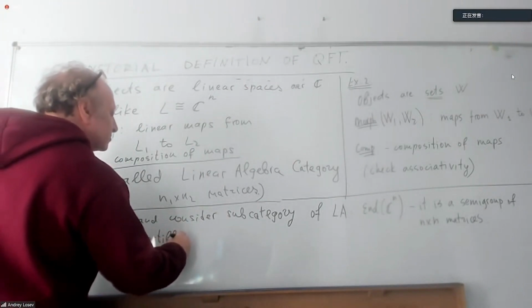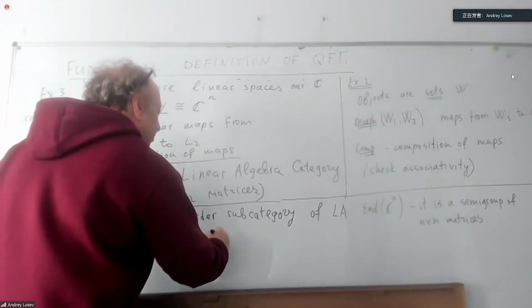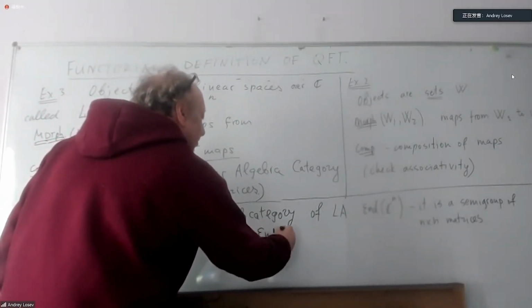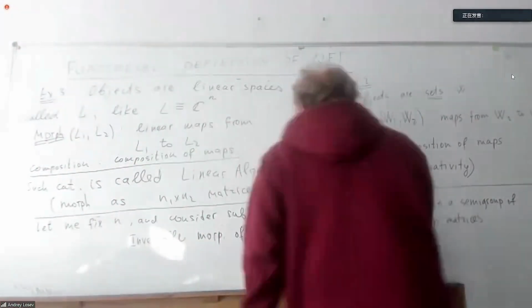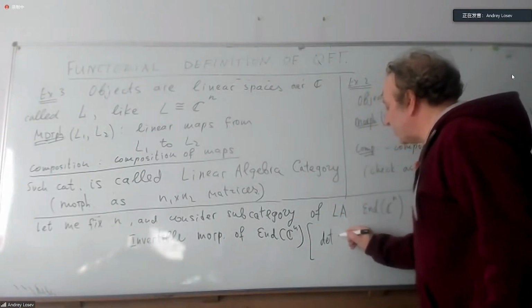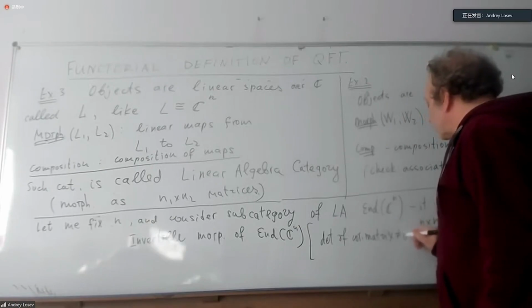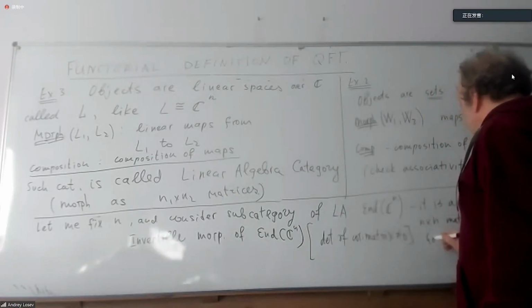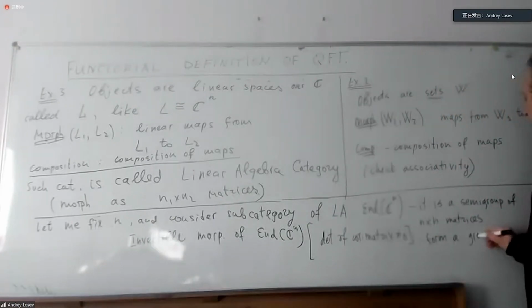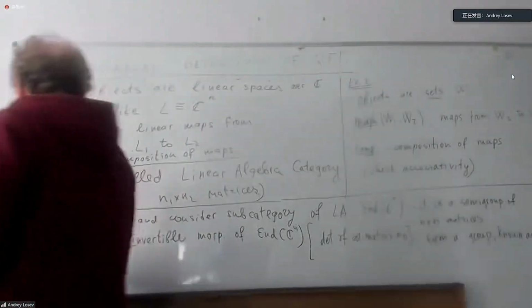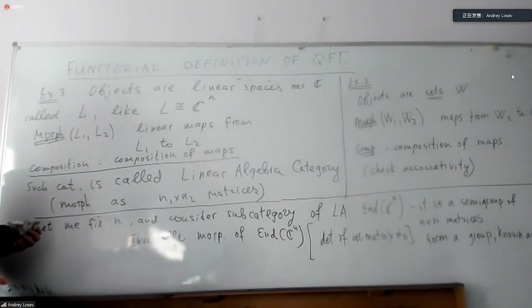Invertible morphisms of endomorphisms of C^n, which means the determinant of the corresponding matrix is non-zero, form a group known as GL_N. Okay, so here are examples of categories.